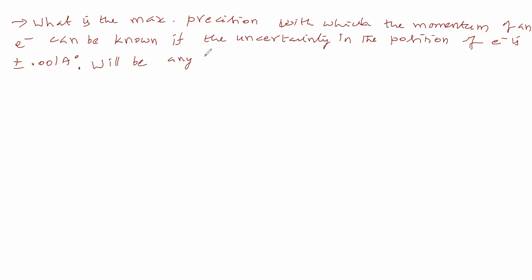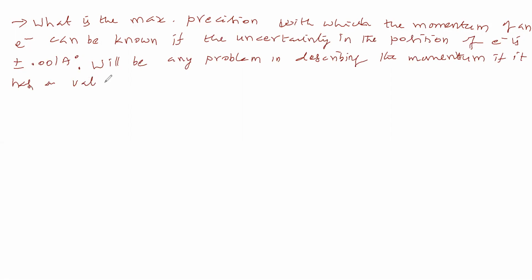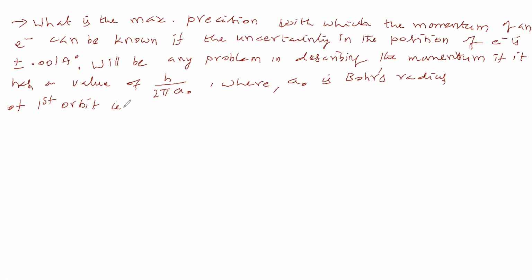the momentum, if it has a value of h by 2 pi a naught, where a naught is Bohr's radius of first orbit, that is 0.529 angstrom.